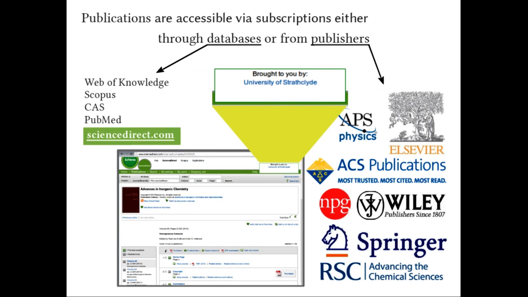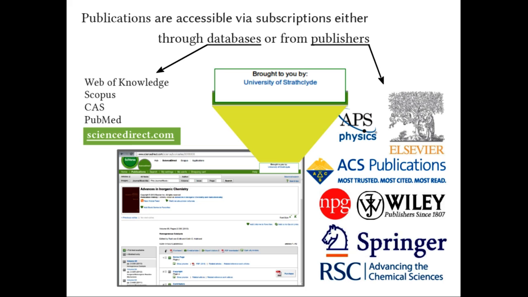Let's go to some definitions. You should bear in mind that publications are accessible via subscriptions, either through databases or from publishers. Behind the databases, there are portals like Web of Knowledge, Scopus, CAS, PubMed or Science Direct.